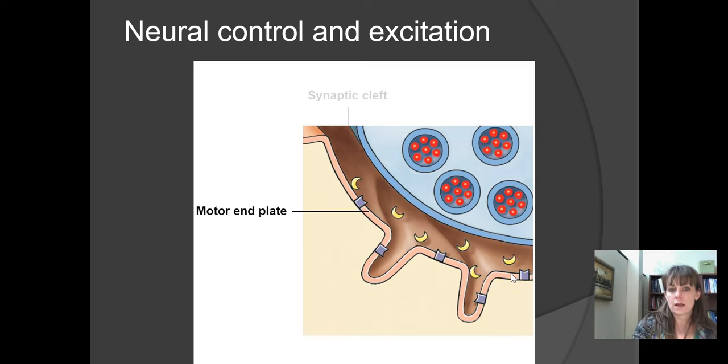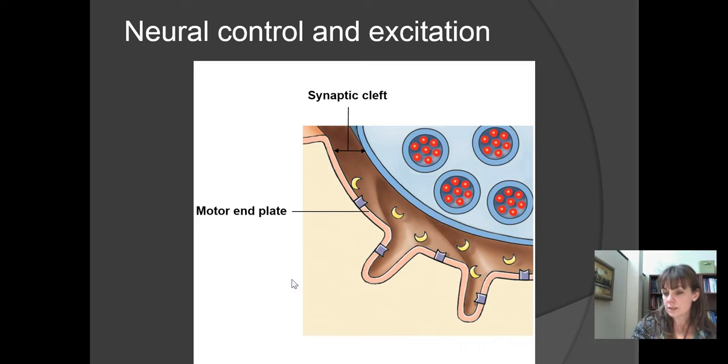Okay, and that is going to be called the synaptic cleft. Now this part of the sarcolemma that is right across from this motor neuron is called the motor end plate. So again, the motor end plate is part of the sarcolemma that is directly across from the motor neuron.